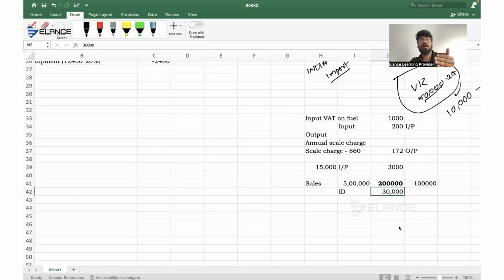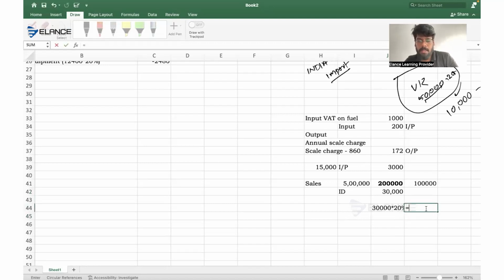So here I paid an output VAT on 30,000, but I'm not receiving that amount. So I am able to reclaim the VAT on this 30,000 in a future return. On this 30,000, I paid 20% VAT. So the VAT on this 30,000 will be 6,000.